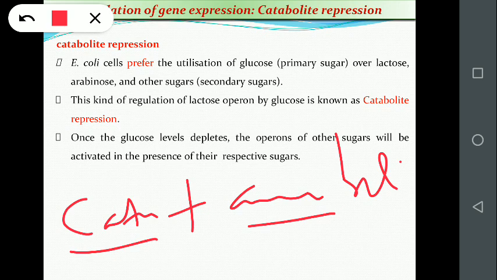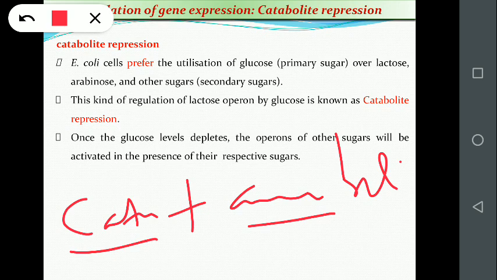The E. coli cells always prefer utilization of glucose as the primary sugar over lactose, arabinose and other sugars, which are called secondary sugars. This kind of regulation of the lactose operon by glucose is known as catabolite repression. Here glucose is repressing the lactose operon, so the organism utilizes glucose only.